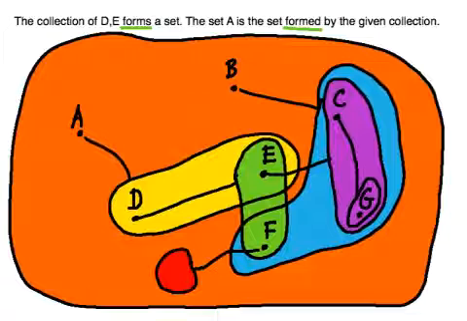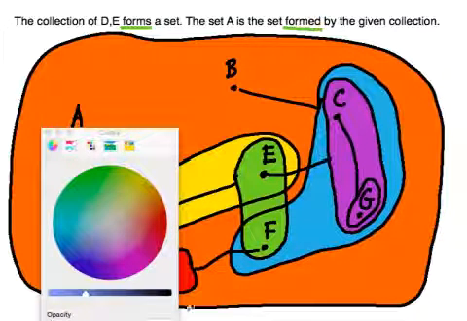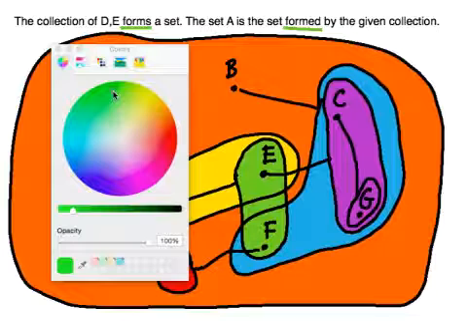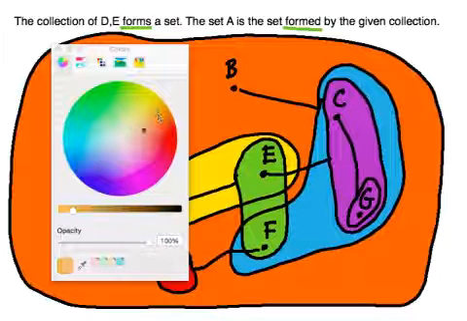And now I'm running out of colors here, so I'm going to use, oh, I can get more colors from here. That's great. What color should we use for G? Let's use something like that.